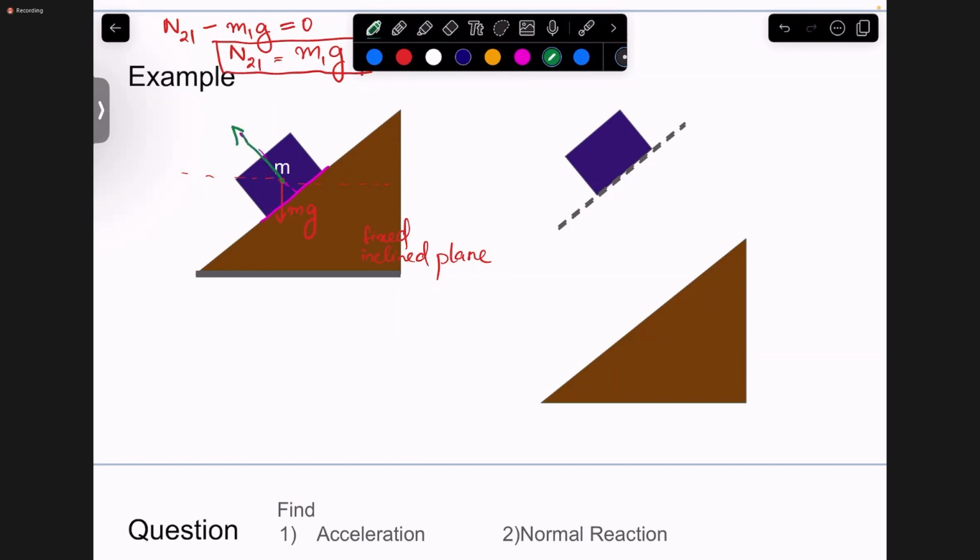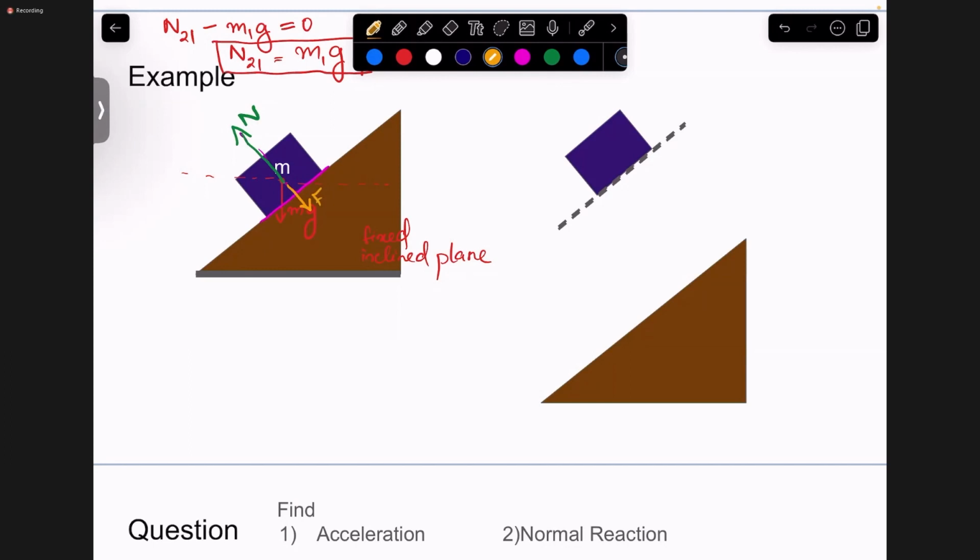This is N. Mg is always acting downwards. Now, this block is also exerting some force on this surface, which is along the normal direction, perpendicular to the contact surface. You can take it as F.